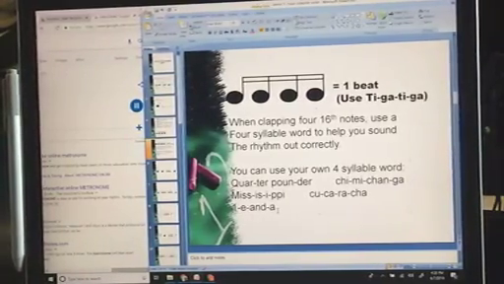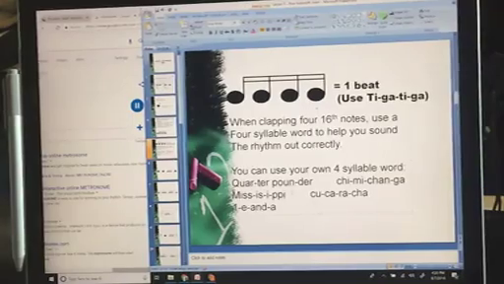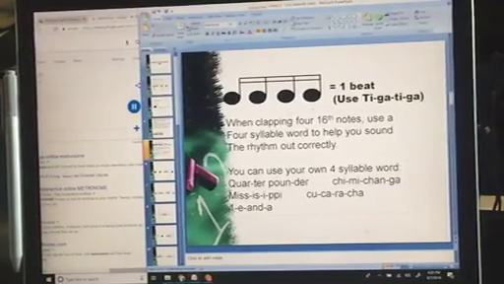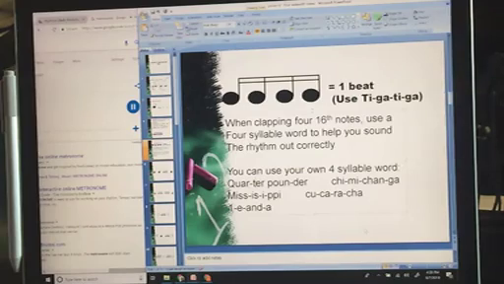That one's really interesting, one-yanda. But let me just use these as an example and clap the 16th notes using different syllables. 1, 2, ready, go. Quarter pounder. Heard that? Let me do another one. 1, 2, ready, go. Cucaracha.